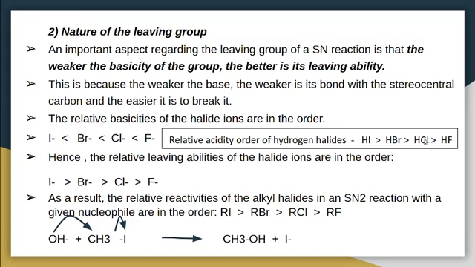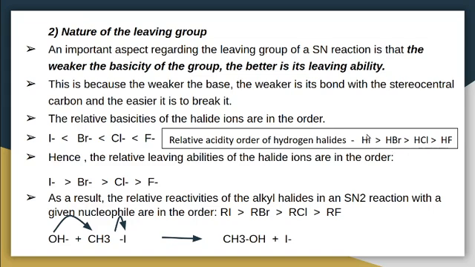So in this case, the H-I bond is very weak, so it can dissociate very easily to provide H plus ion. So HI is the strongest acid when compared to other hydrogen halides, whereas HF is the weakest acid among these hydrogen halides.